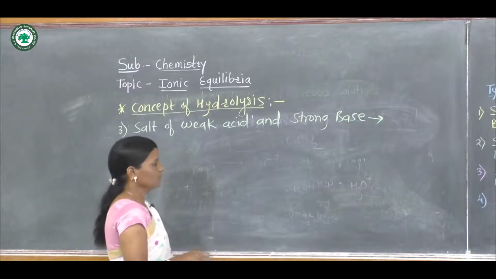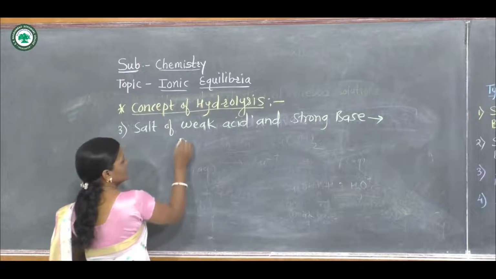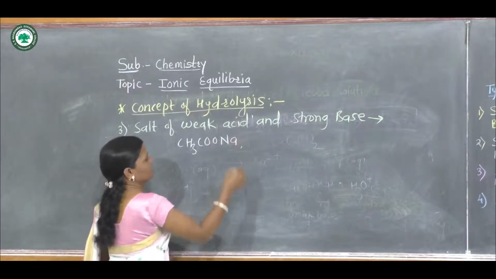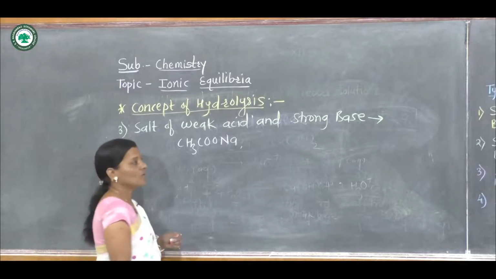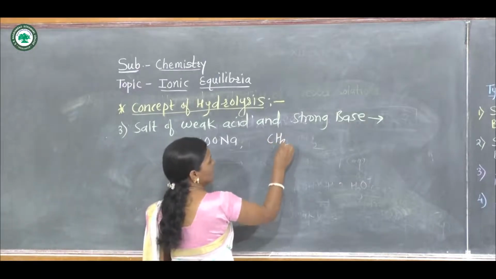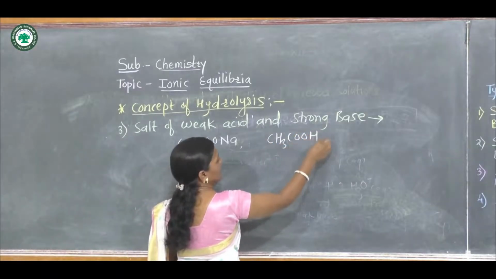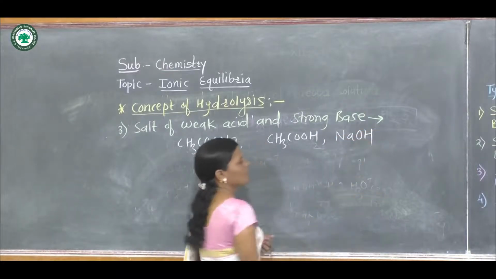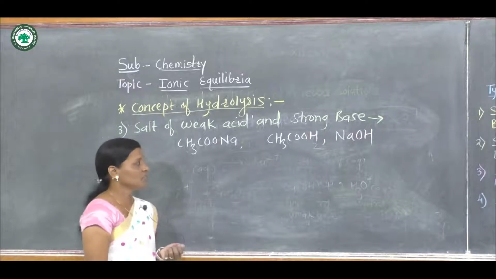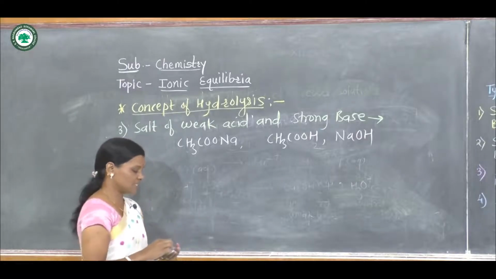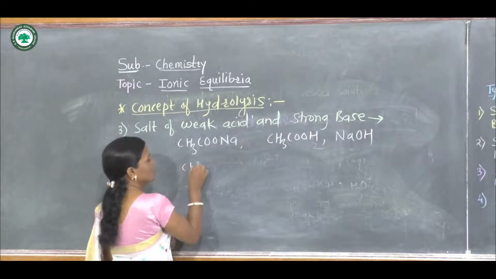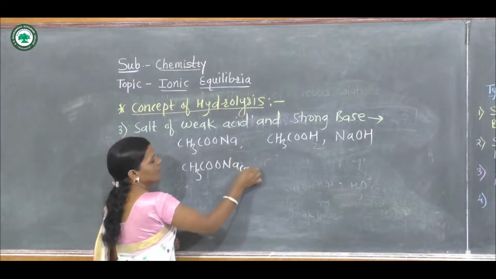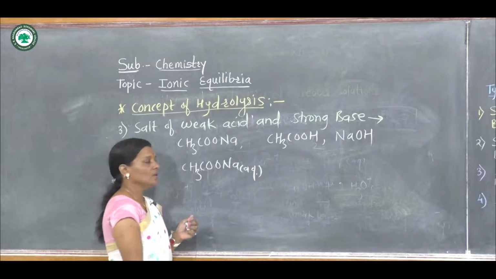For example, consider sodium acetate, that is the salt of weak acid, acetic acid, and strong base NaOH. Now this sodium acetate, when dissolved in water, dissociates almost completely to give acetate ion and sodium ions.